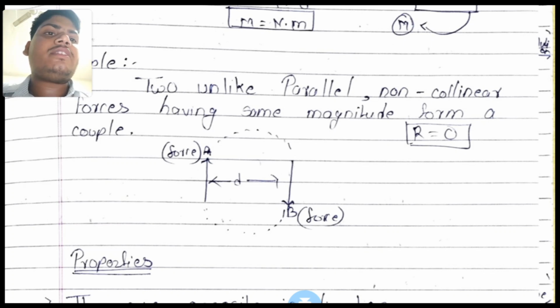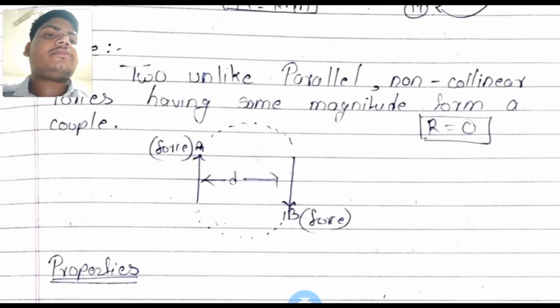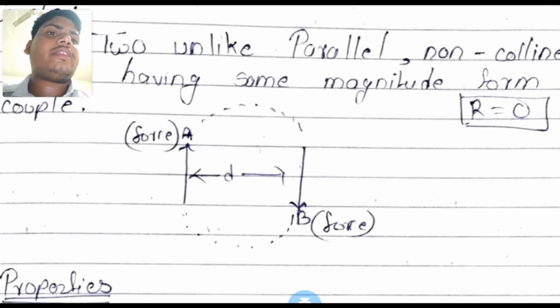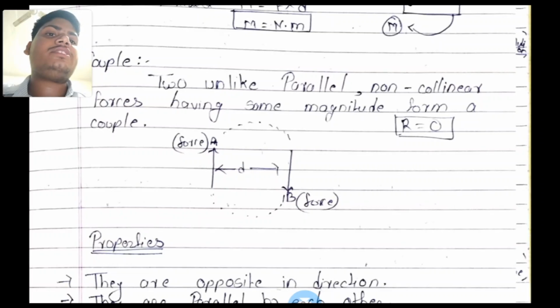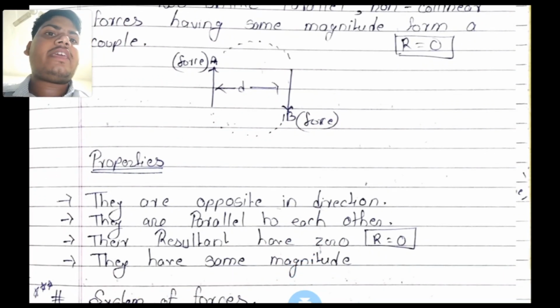The distance between them is denoted by d, and this process continuously happens. They are of the same magnitude but opposite in direction. They have some properties: they are opposite in direction, they are parallel to each other, their resultant is 0, and they have the same magnitude.